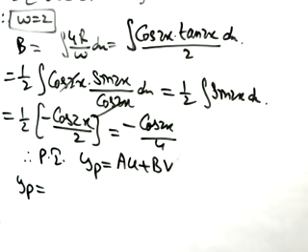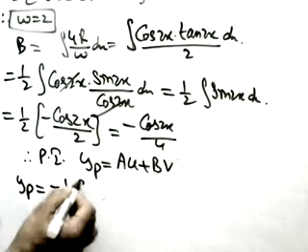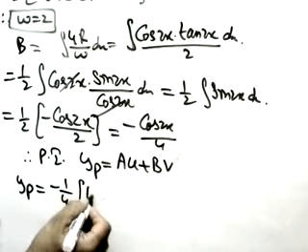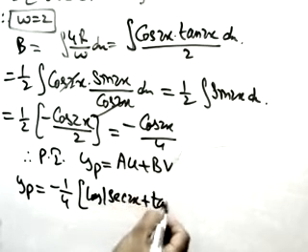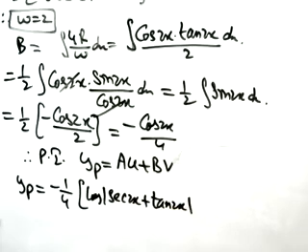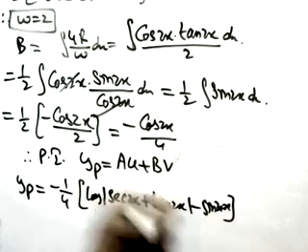The value of a we got as 1 by 4 into log of mod secant 2x plus tan 2x minus sin 2x.